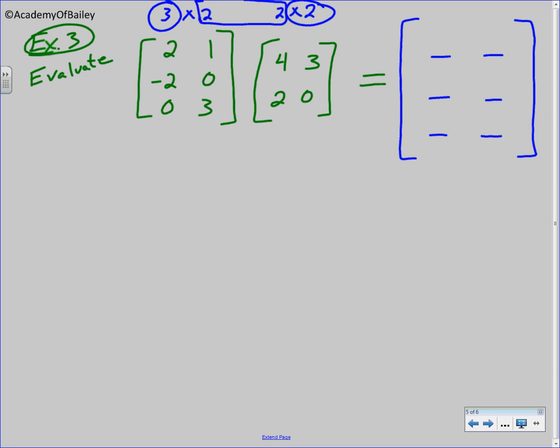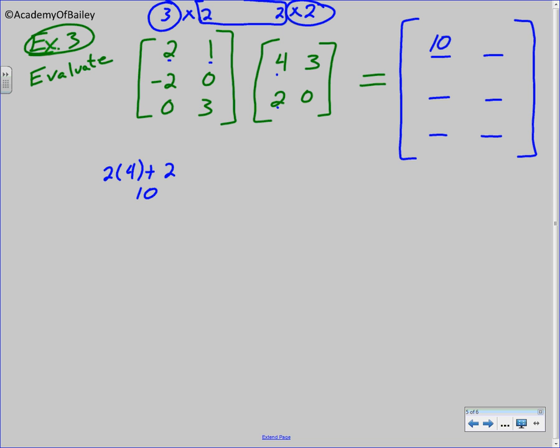So if we look, first off, we're going to go 2 times 4 plus 1 times 2. We know what 1 times 2 is. 2 times 4 is 8, plus 2, that's going to be 10. So this was top row, first column.